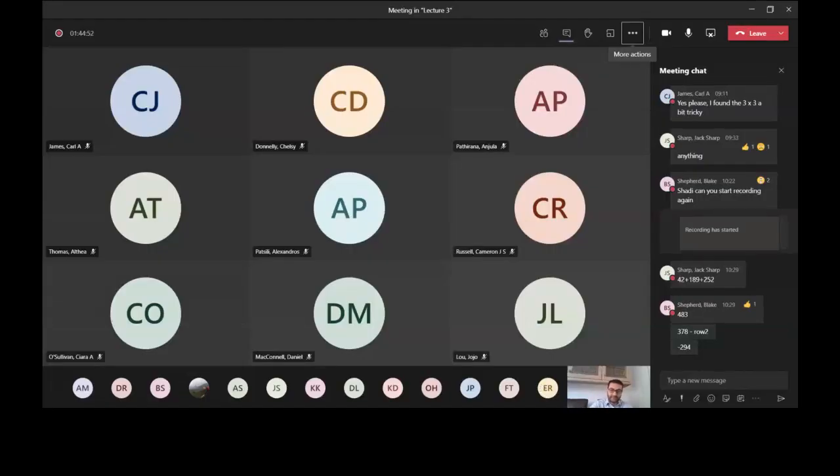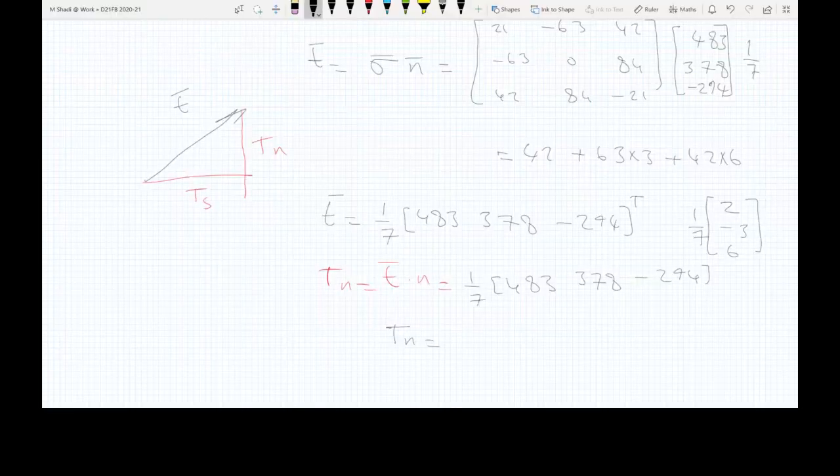I'll probably switch back to the board so you can write them. So it's basically 1 over 7 multiplied with 1 over 7. This is 1 over 49. And then you have 483 multiplied with 2, minus 3 multiplied with 378, plus 6 multiplied with minus 294.